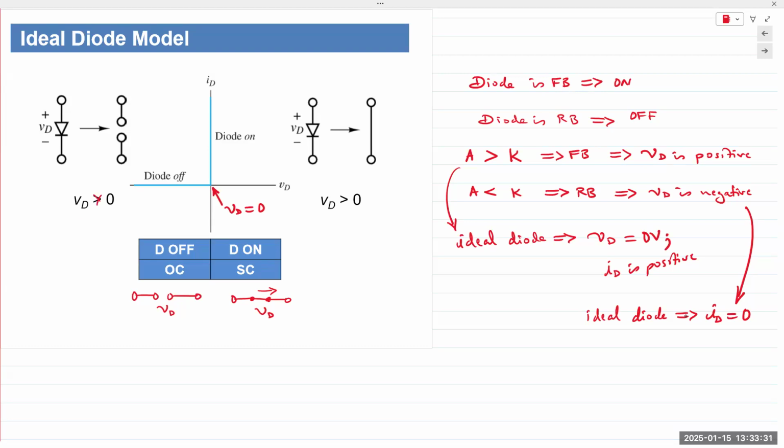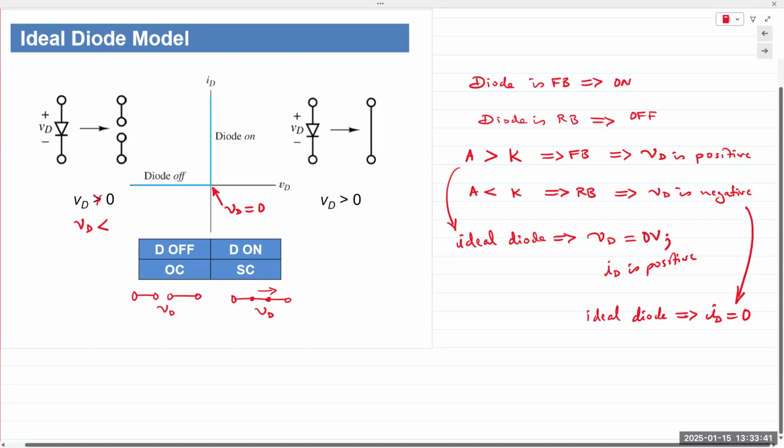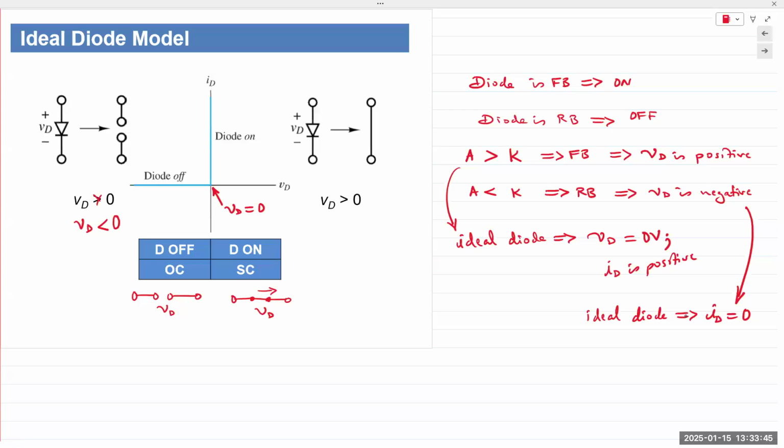VD should be less than 0. Good catch. Let me do a strike through.